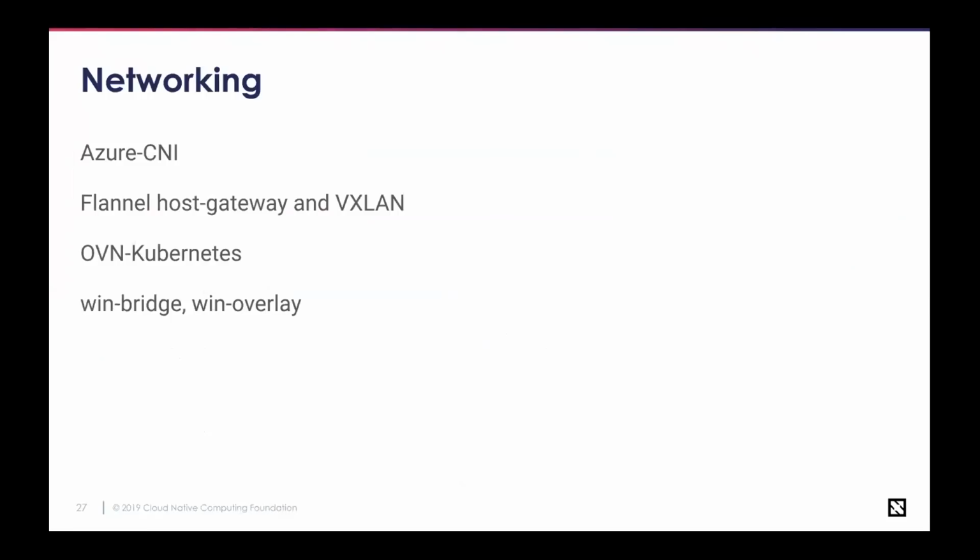Yeah, so from a networking standpoint, one of our main goals was to make sure that the networking was something that was both consistent with what was used on Linux, but also interoperable. And so there's a number of different networking plugins available. My team happens to work on one called Azure CNI, that's focused on using the IP address management from a cloud provider.